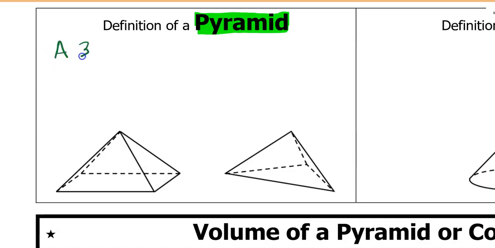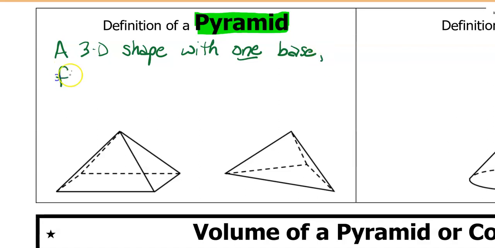So this still needs to be a 3D shape. But it only has one base, but then of course it needs a little bit more than that. It has one base. It needs to have flat faces or flat sides and straight edges.